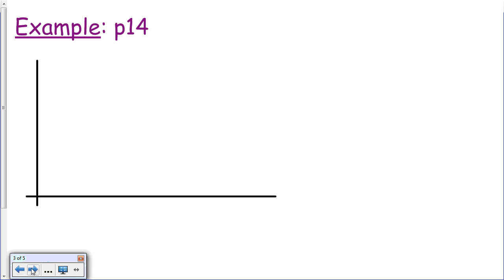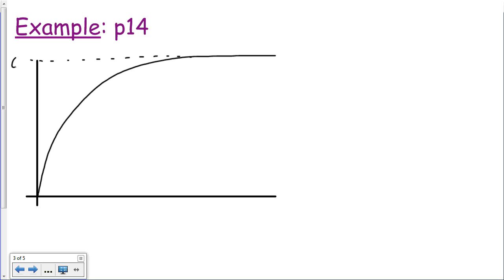All right, so let me just sketch what this graph looks like. You increase pretty quickly to 60 feet per second and then it levels off. So this right here is 60 feet per second, we'll say. This is our velocity in feet per second, our dependent variable, our y-axis. And this is our time down here, in seconds.